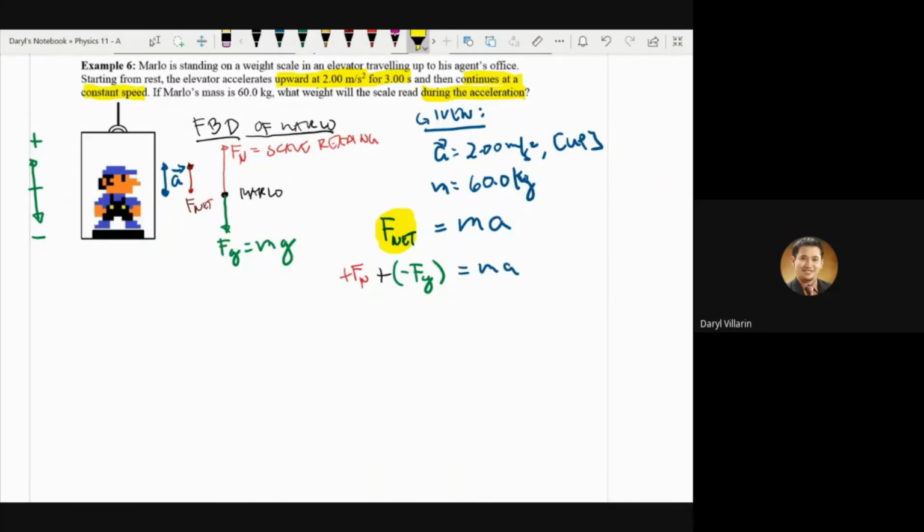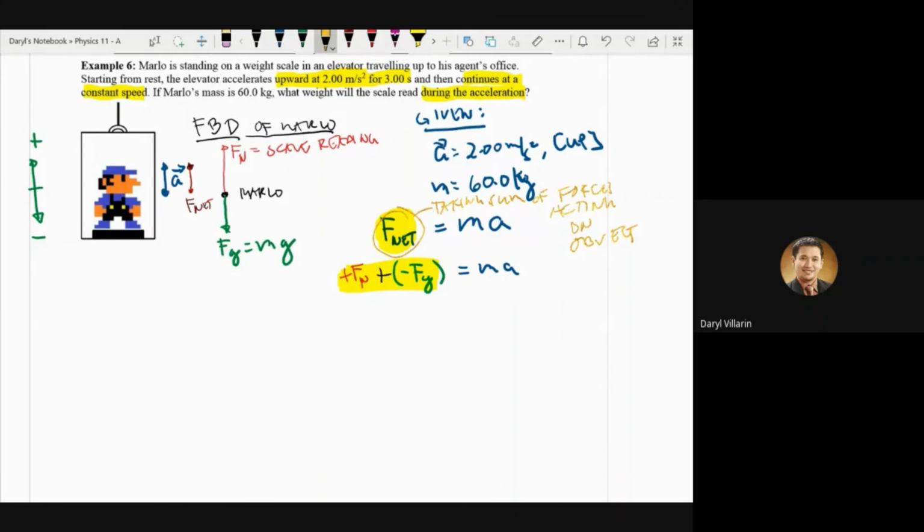I'm just expanding my F net, taking the sum of forces acting on the object.